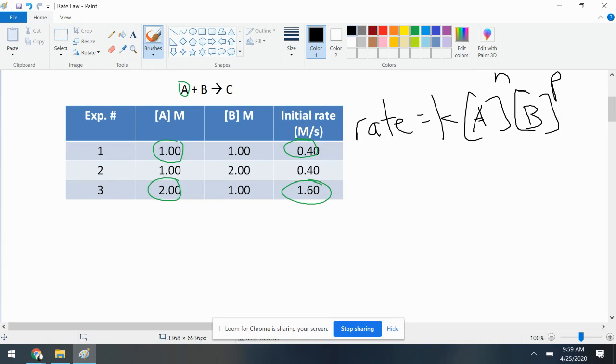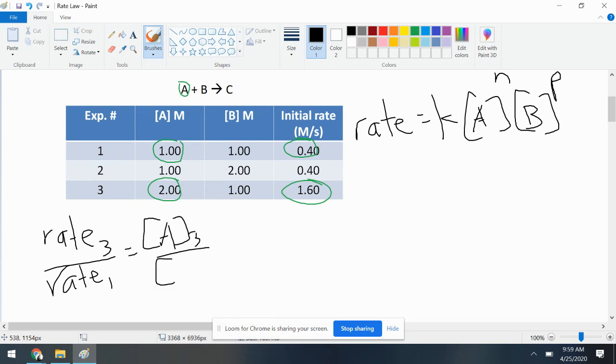Okay, so again, I'm doing 1 and 3. So on the left side of the equation, you have your rate. So I'm doing rate 3 over rate 1, for your first experiment. Okay, concentration of A, again 3, third experiment over the first experiment.